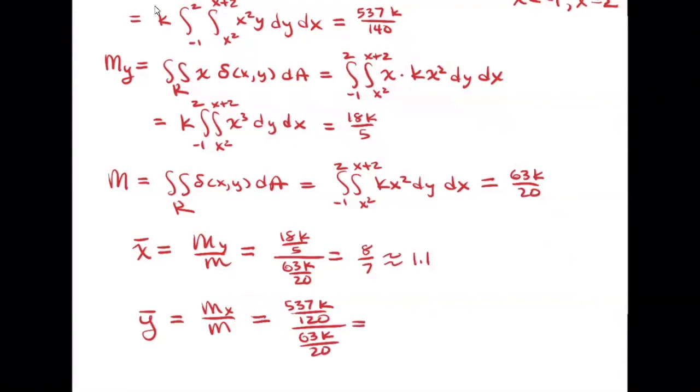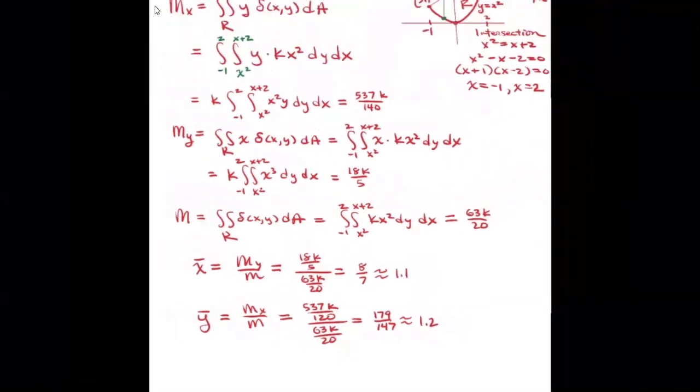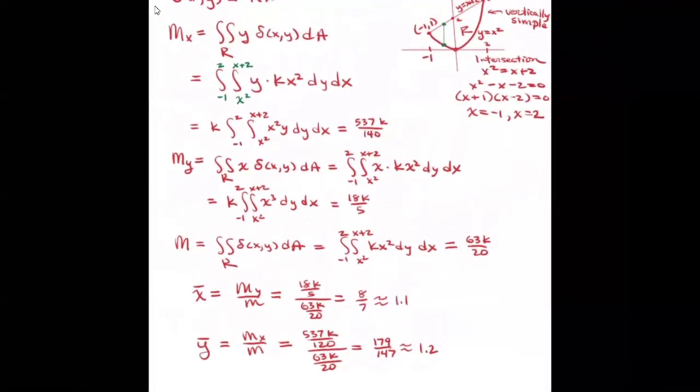And you can see lots of things that would simplify, and it comes out not nicely. It comes out as 179 out of 147. Can you believe that? That's just bad news. And of course, simplifies to 1.2. So that's the center of mass, 1.1, 1.2.